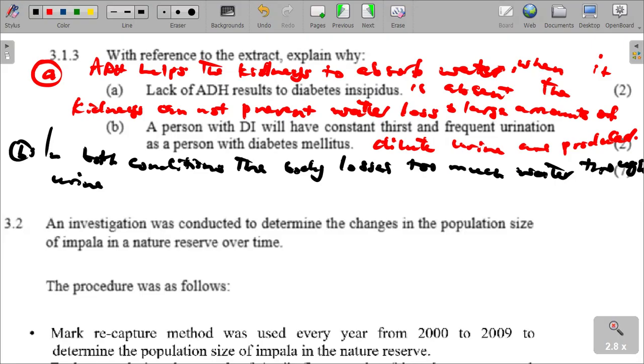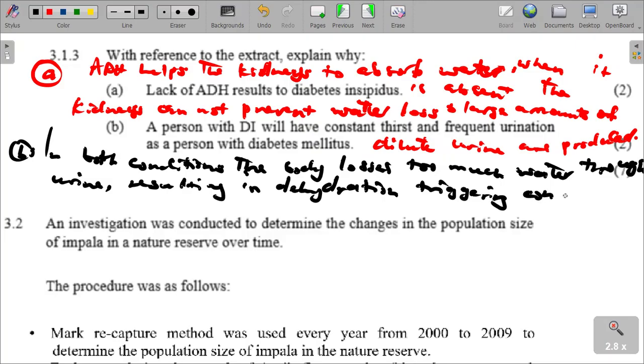This water loss causes dehydration, which obviously results in constant thirst, dehydration triggering constant thirst.